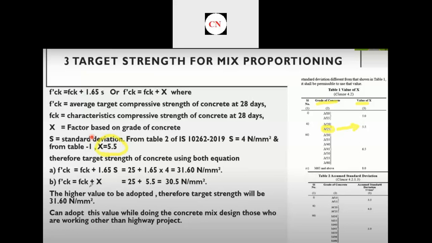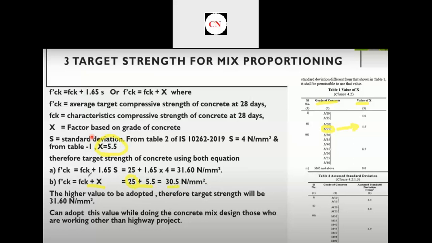In the formula f'ck equal to fck plus X, we substitute the values. The characteristic compressive strength is 25, M25 grade we are designing, plus 5.5 gives the value 30.5 Newton per mm square.